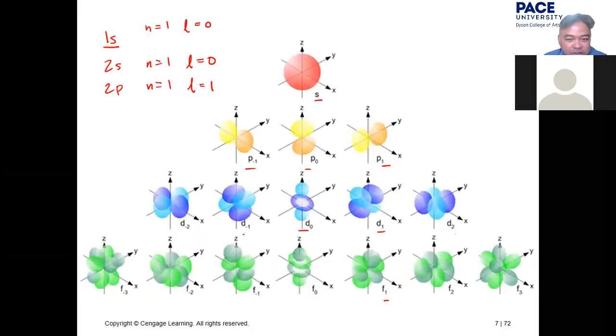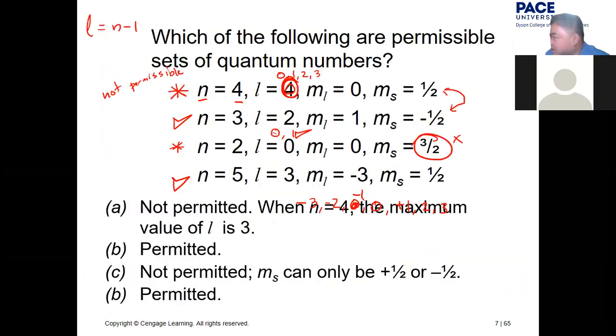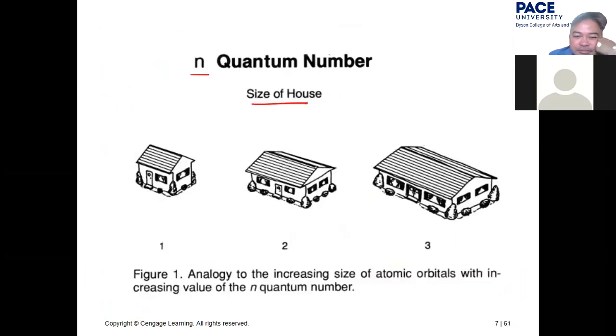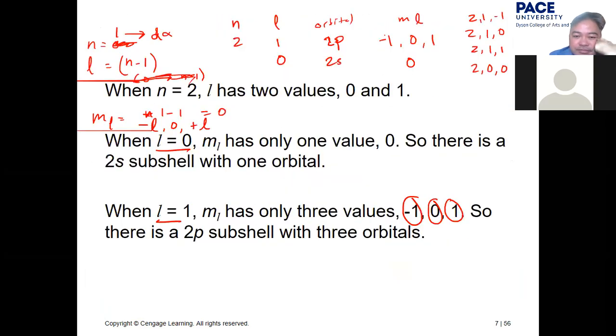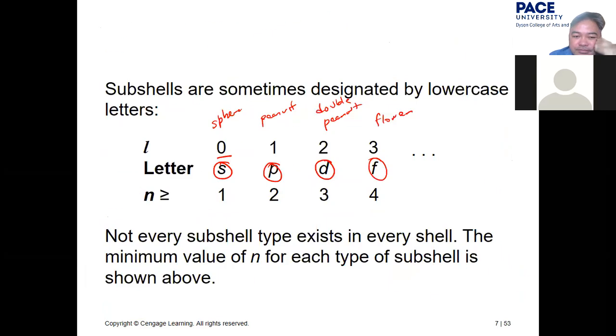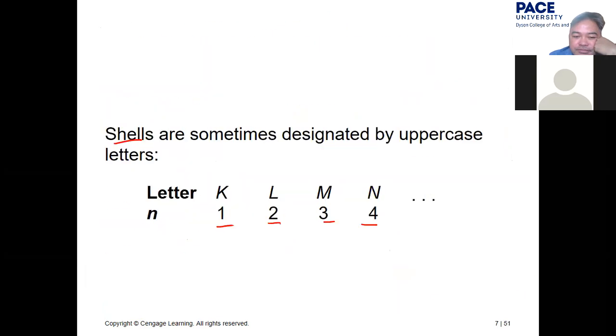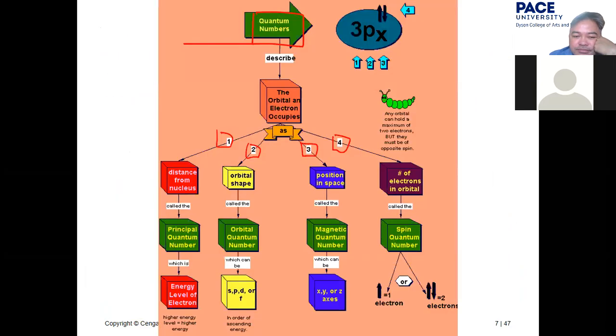So as I told you, we're going to go back to the one that we have earlier here. The first quantum number, the principal, refers to the distance from the nucleus. It's called the principal quantum number and the energy level of the electron.